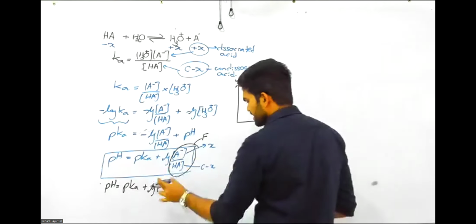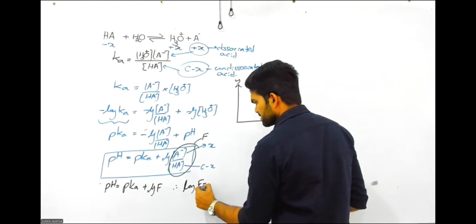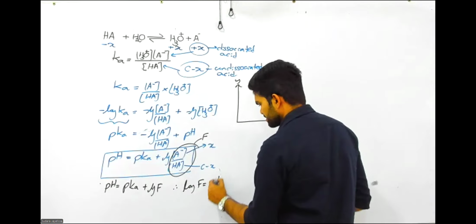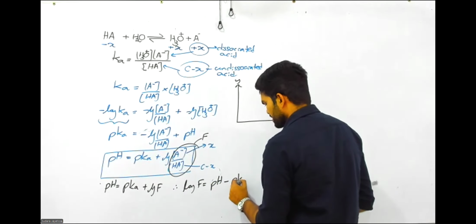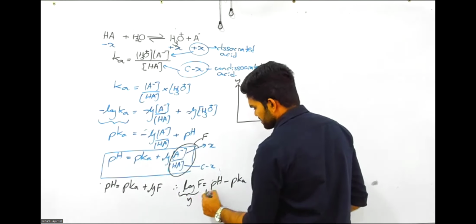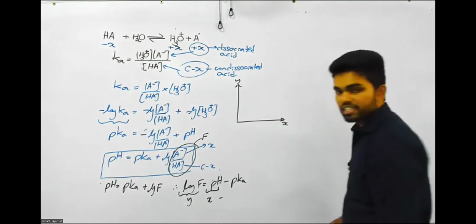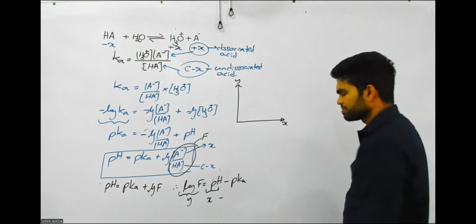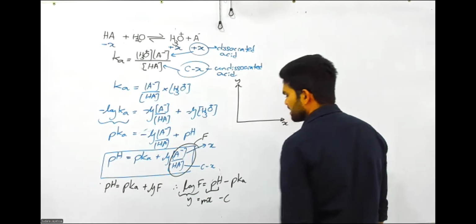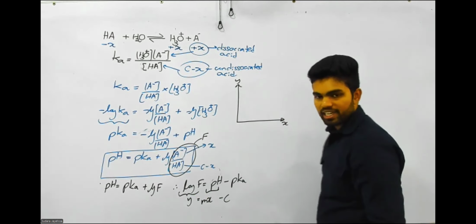If you change it again, you can say log f equals pH minus pKa. So this is your y-axis, this is your x-axis, and this is your intercept. Right? So this is the y equals mx minus c graph. Okay, so this is a straight line.